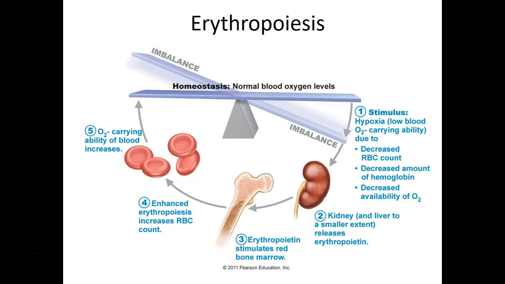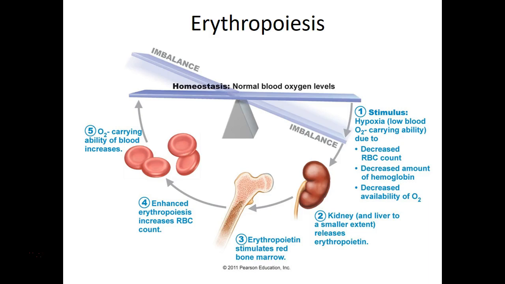So in this case, if we have low blood oxygen carrying ability, hypoxia is kind of the extreme version, hypoxemia is the less severe version, and the people that study this prefer to talk about hypoxemia, but it means any type of decrease in oxygen carrying capability to tissues.